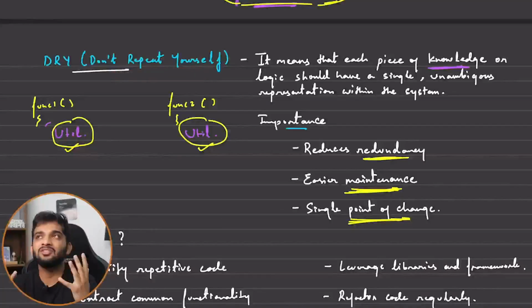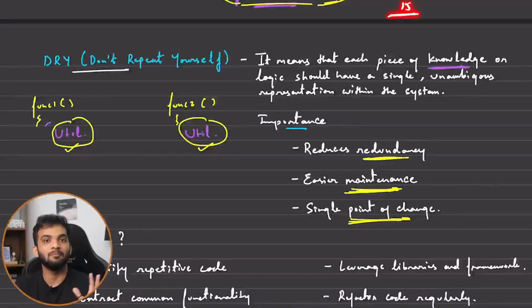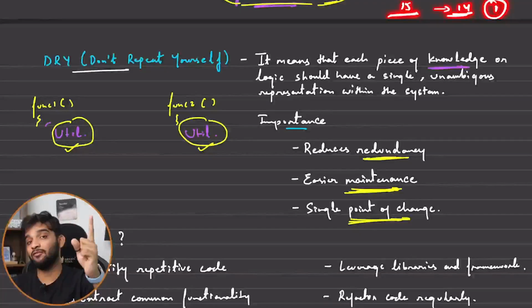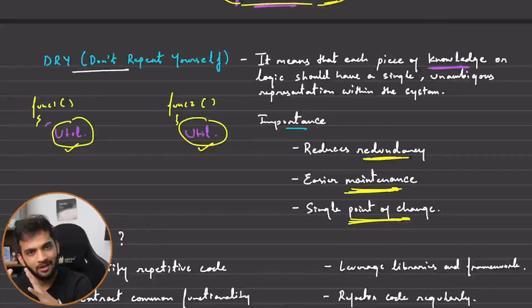Otherwise, imagine a humongous code base, a huge code base, right? And there are, let's say, 15 places where the logic is being implemented. There might be a time where you do changes at 14 places and you miss out at one place, and that will break one of your features. Got it? It's important that you follow this DRY principle.